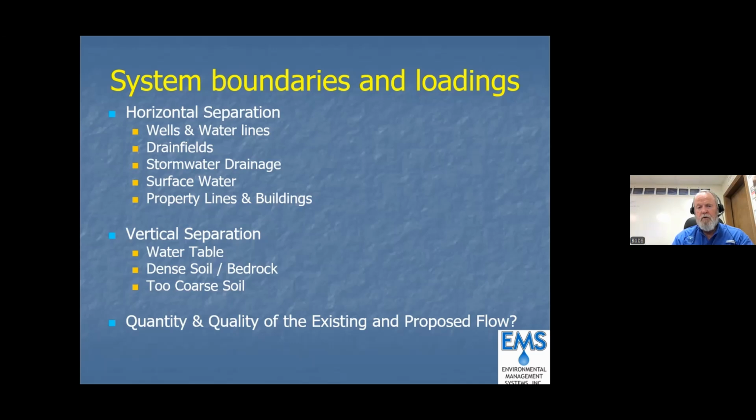What's currently going on, and what are you proposing to do that may cause problems? A lot of sites were not problematic for years and years until somebody builds upslope and you've got an issue.